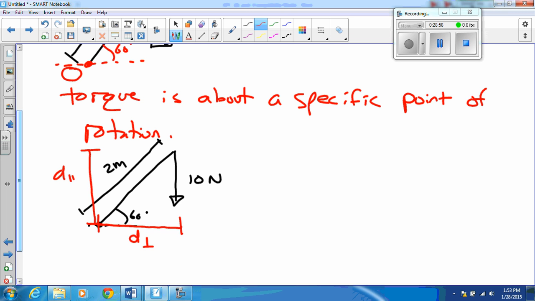Well, how do I find that out? It's pretty simple. I've got a nice little right triangle that's formed right here, and I can see that d perpendicular divided by the entire distance is equal to the sine of the angle between these two. What's the value of that angle? 30 degrees, right?